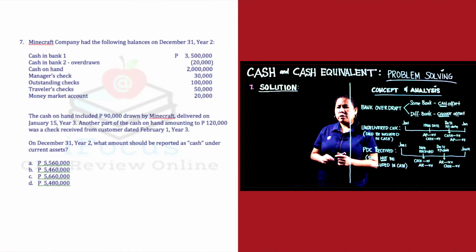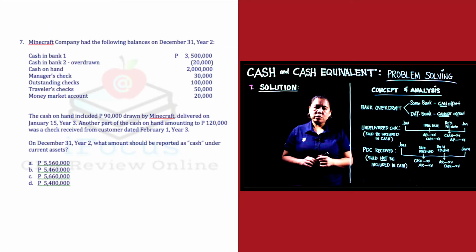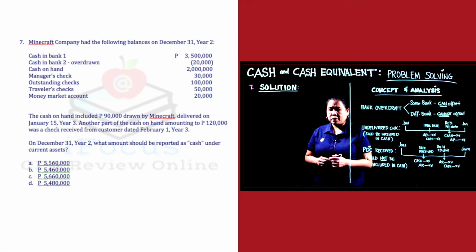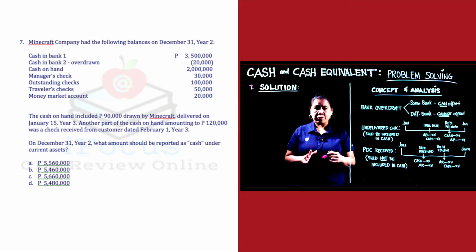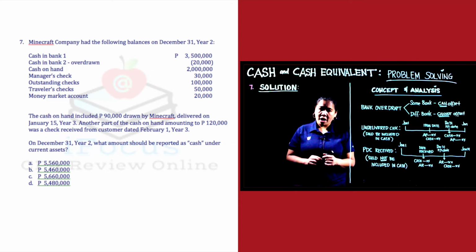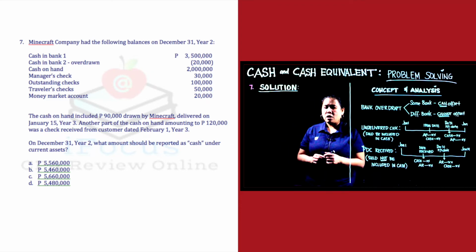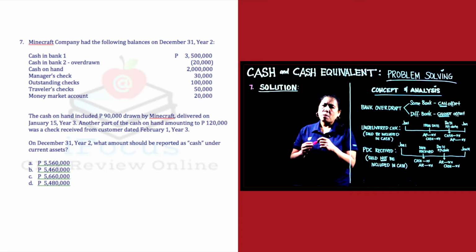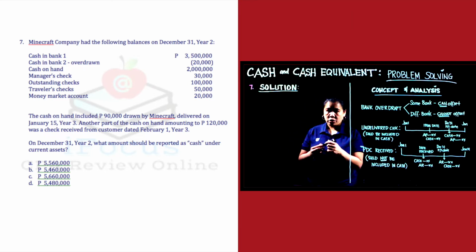Alright, question number 7. So, question number 7, the requirement is on December 31st, year 2, what amount should be reported as cash under current assets? So, ang tinatanong ng problem ay cash lang. Walang cash equivalent, okay? Minecraft Company had the following balances on December 31st, year 2.